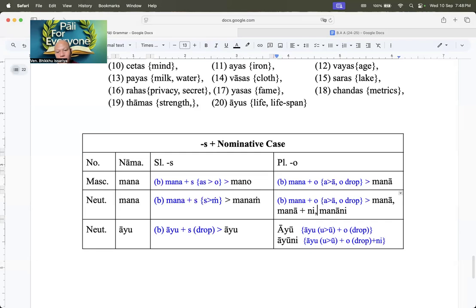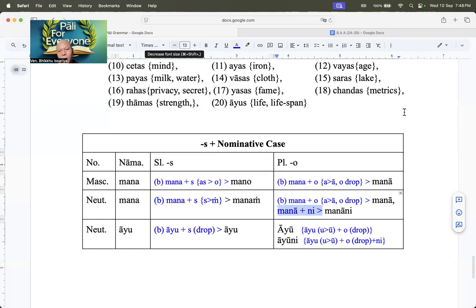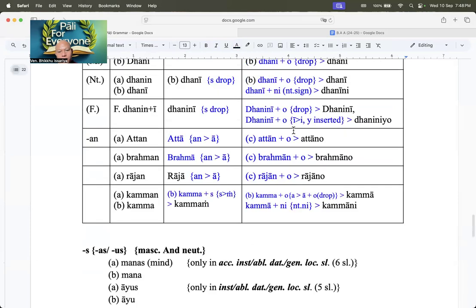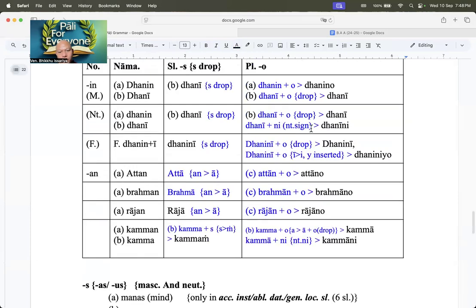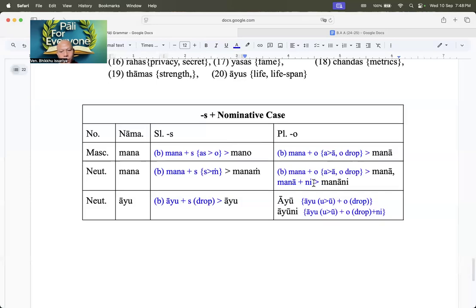So that is why we have the manani in this another form. So ni is the neuter gender plural sign. Ni is added. So that is manani, in this way.